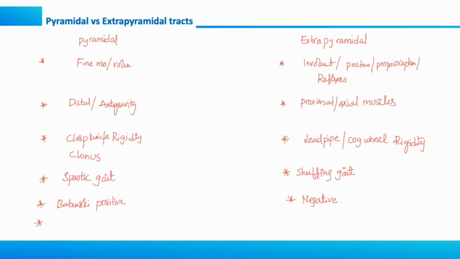When you look at superficial reflexes, they are affected. That means they are absent in case of pyramidal tract disease. They are not affected in extrapyramidal disease, that means the superficial reflexes are present. So what are the extrapyramidal diseases? The classic example is Parkinsonism.